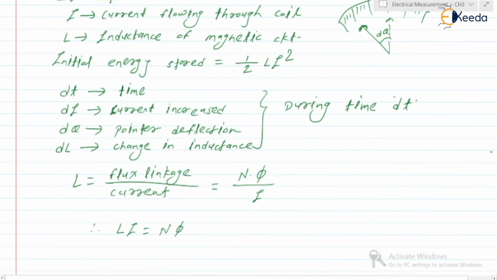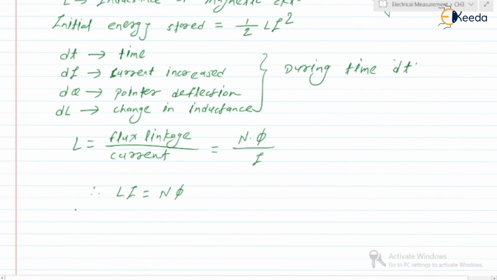If we differentiate both sides with respect to time, it will be d by dt of L I is equal to d by dt of N phi.